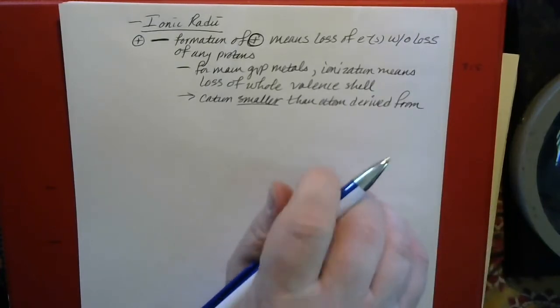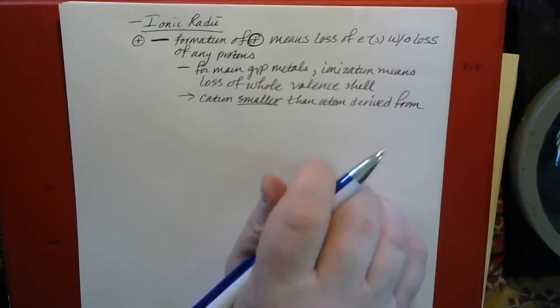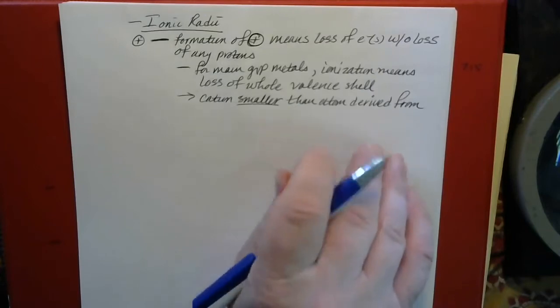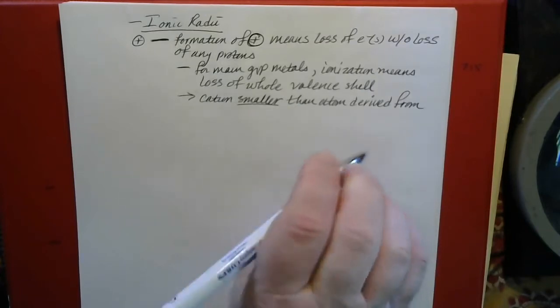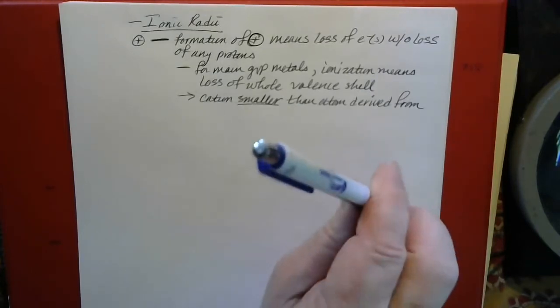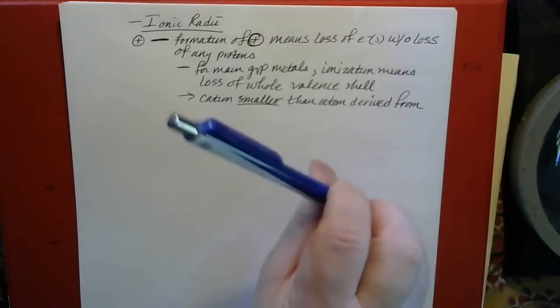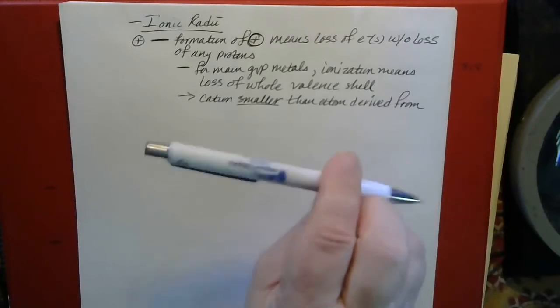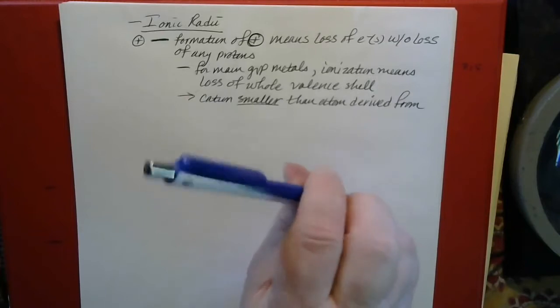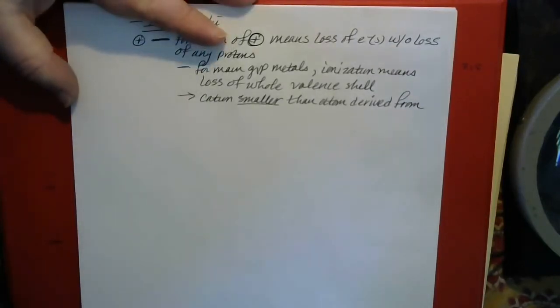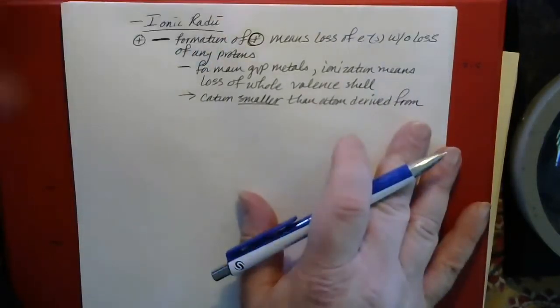Even so, you've lost part of the valence shell, and that means less attraction between the valence shell and the nucleus. If you lose the entire valence shell, the positive ion is certainly going to be smaller.